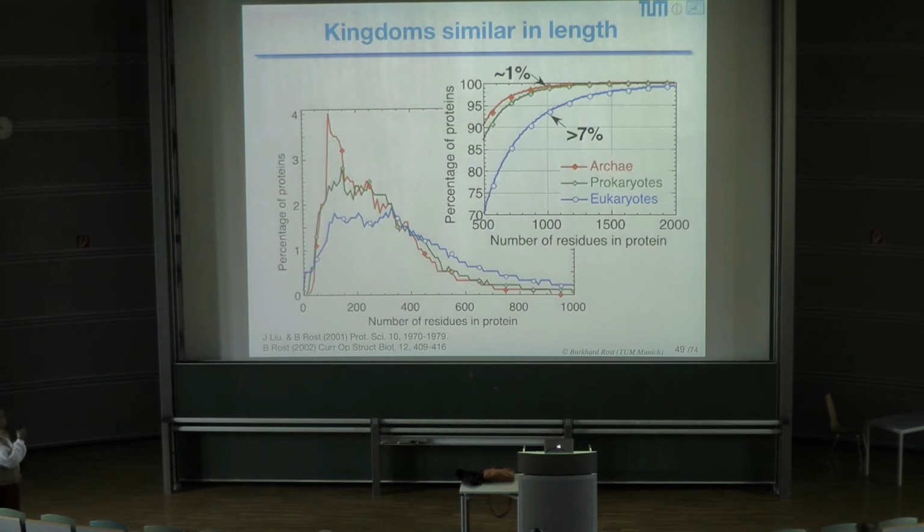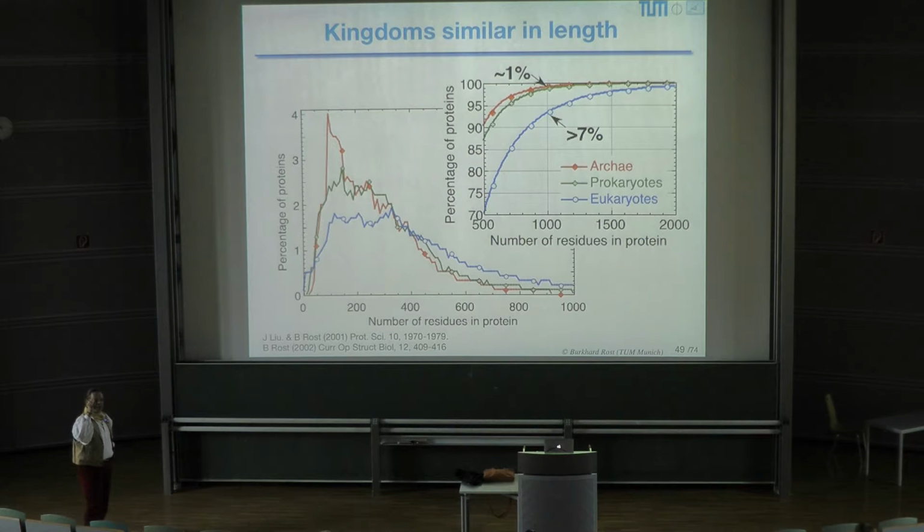Here, what you see is the number of residues in a protein, percentage of proteins by kingdom. Eukaryotes in blue, that's a little bit of an old slide. We could have more data, so now it's a little bit choppy. Archaea and prokaryotes.